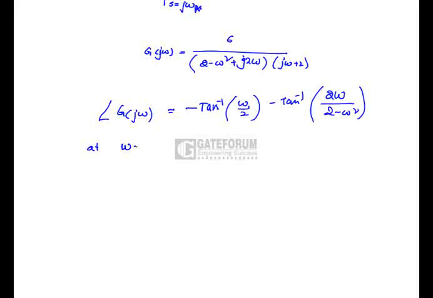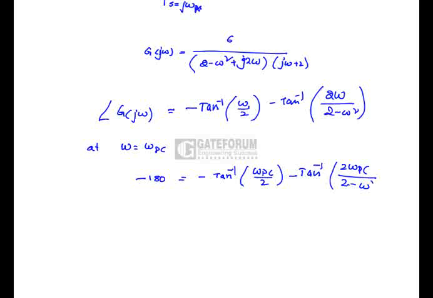At omega equals omega pc, this is minus 180 degrees: omega pc by 2 plus tan inverse of 2 omega pc divided by (2 minus omega square pc). If we apply tan on both sides, tan 180 is 0, so omega pc by 2 plus 2 omega pc divided by (2 minus omega square pc) equals 0.